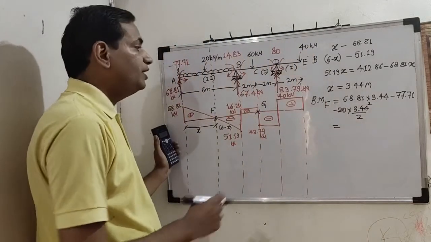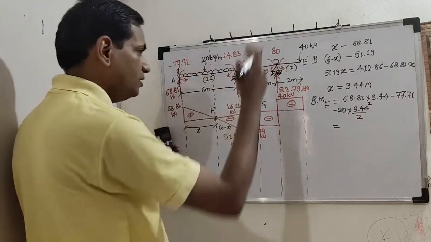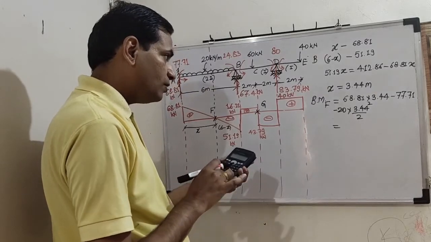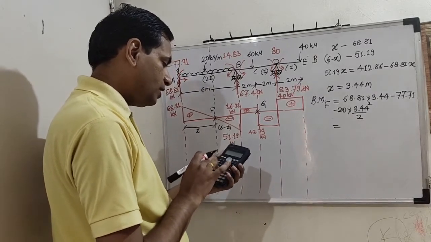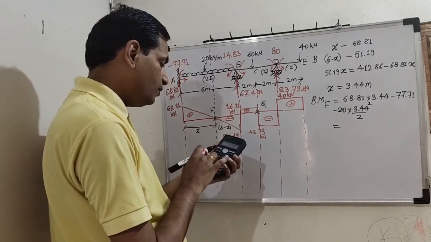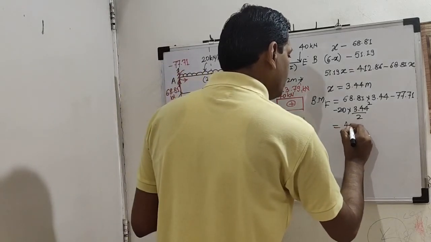Calculate this value. There is nothing apart from these three. This is one, this is second, third. So 68.81 into 3.44 minus 77.71 minus 20 by 2 is 10 into 3.44 square. So it is 40.66 kilonewton meter.